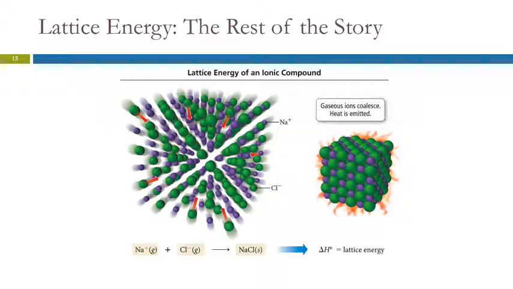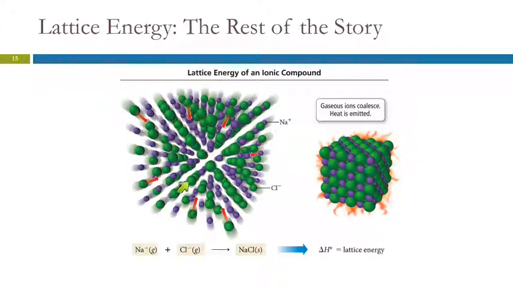So here we have an illustration of this. Sodium ions and chloride ions. As these come together, remember the energy is proportional to the magnitude of the charges divided by the radius. So the closer they are, the smaller the radius, the more negative the energy is. Negative energy means it's releasing energy into the surroundings.